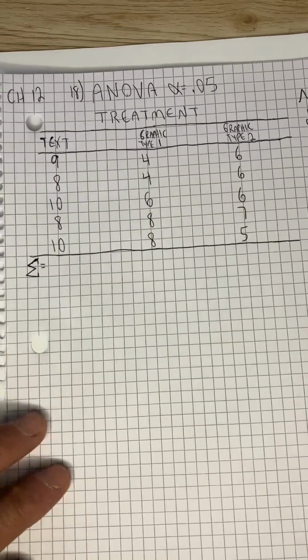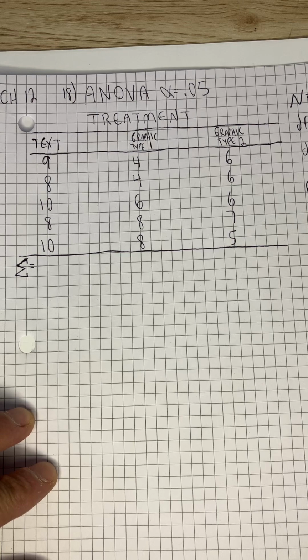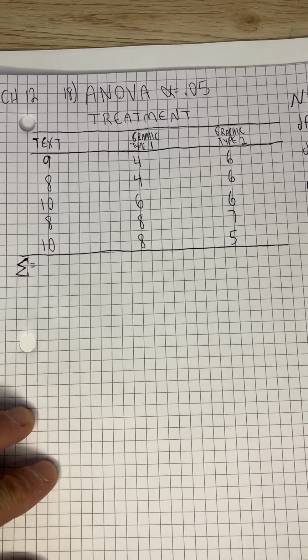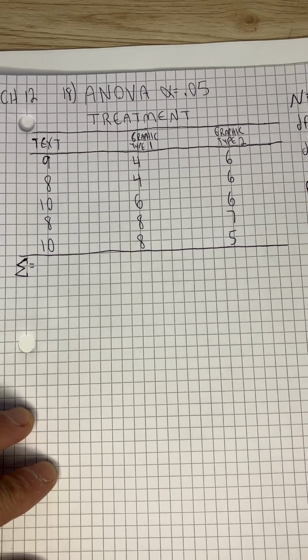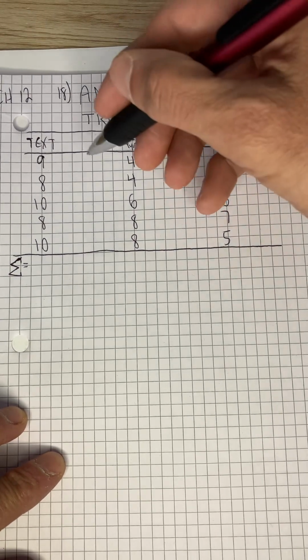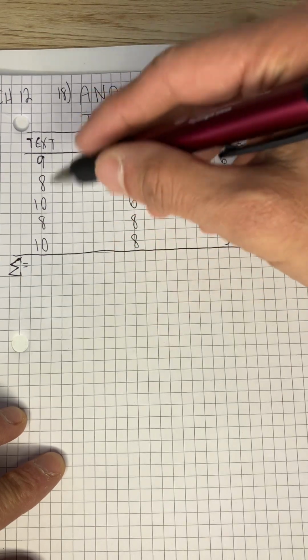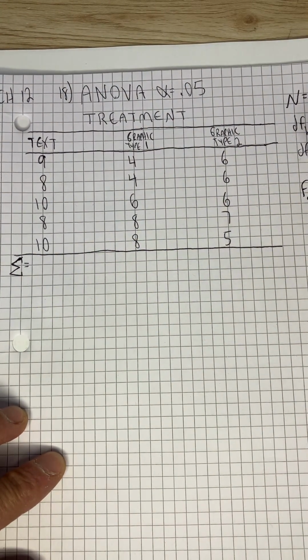The next thing we always want to figure out is the sum of squares total, and then we partition that into the sum of squares between and within. Another thing we can do right off the bat is square these scores, because we're going to use the computational formula of sum of squares.